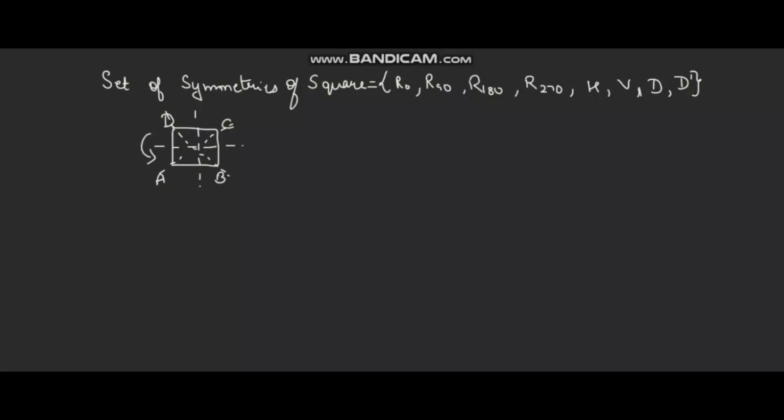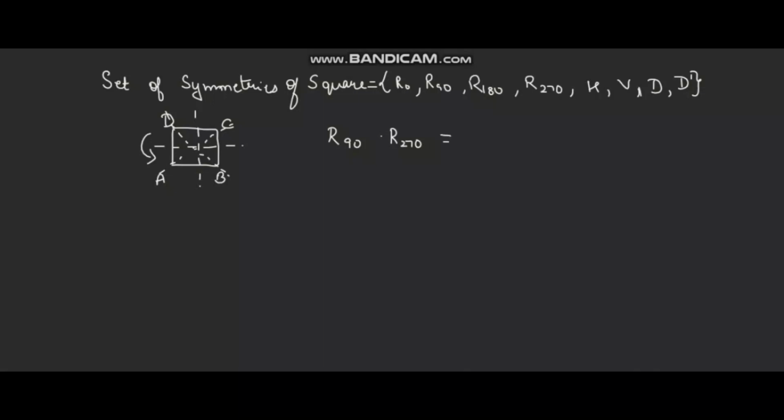Now just see, if we combine any two elements of this set, suppose we say R90 and R270, we are combining these two elements. That is, first we'll rotate the square by 270 degrees and then we'll rotate the resulting square by 90 degrees in the same direction.